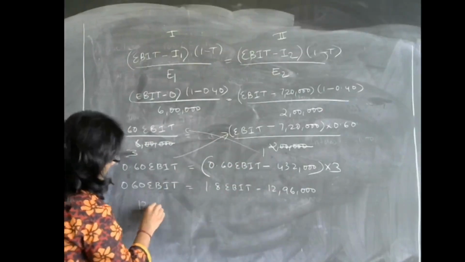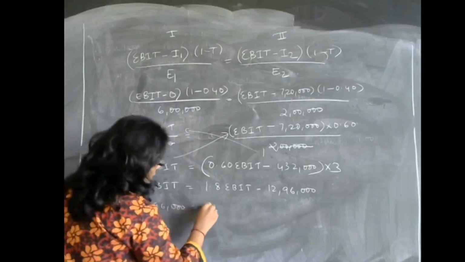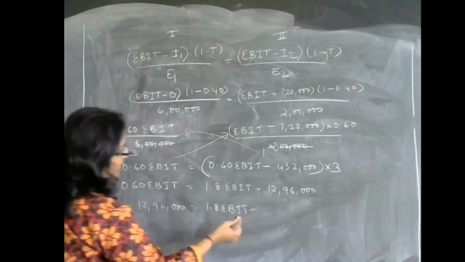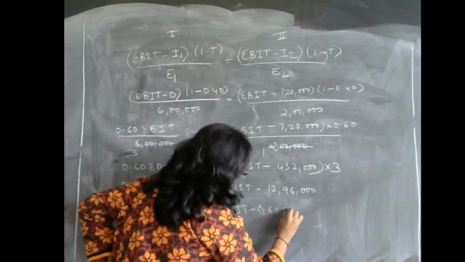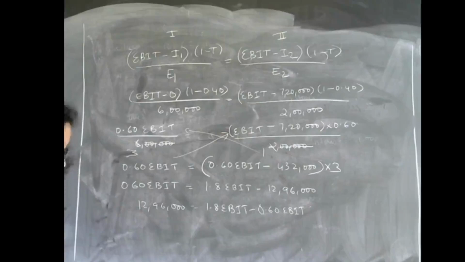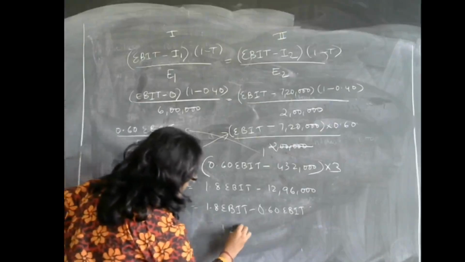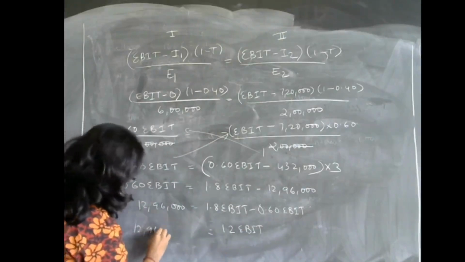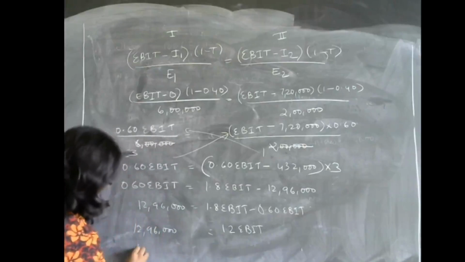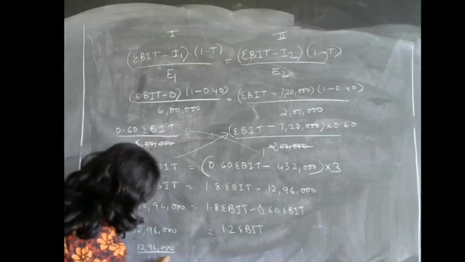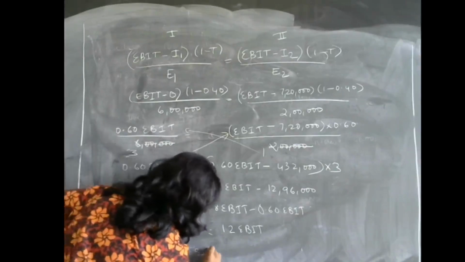So it will become 12,96,000 is equal to 1.8 EBIT minus 0.60 EBIT. Okay, so 1.8 minus 0.60, you will get this as 1.2 EBIT is equal to 12,96,000. So 12 lakh 96,000 divided by 1.2 is equal to EBIT.